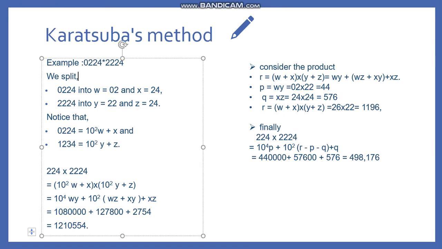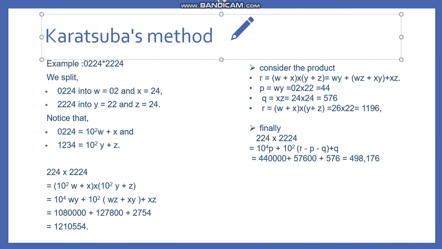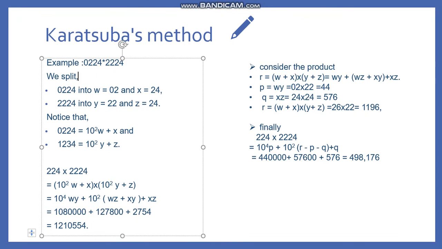The Karatsuba method is also divide and conquer, in which we divide the numbers. Here we divide these two numbers into two halves: 0224 into 02 and 24, and 2224 into 22 and 24. We write these numbers in this format using arithmetic expressions.